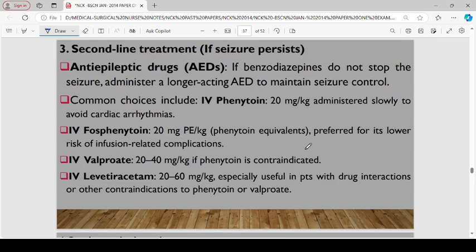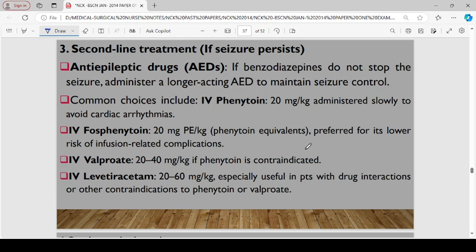For the second line treatment, if the seizure persists, you can use antiepileptic drugs. If benzodiazepines do not stop the seizure, you administer a long-lasting antiepileptic agent to maintain seizure control. Common choices could include IV phenytoin 20 milligrams per kg administered slowly to avoid cardiac arrhythmias, IV fosphenytoin, that is 20 milligrams, which is preferred for its low risk of infusion-related complications, okay? Fosphenytoin over phenytoin.